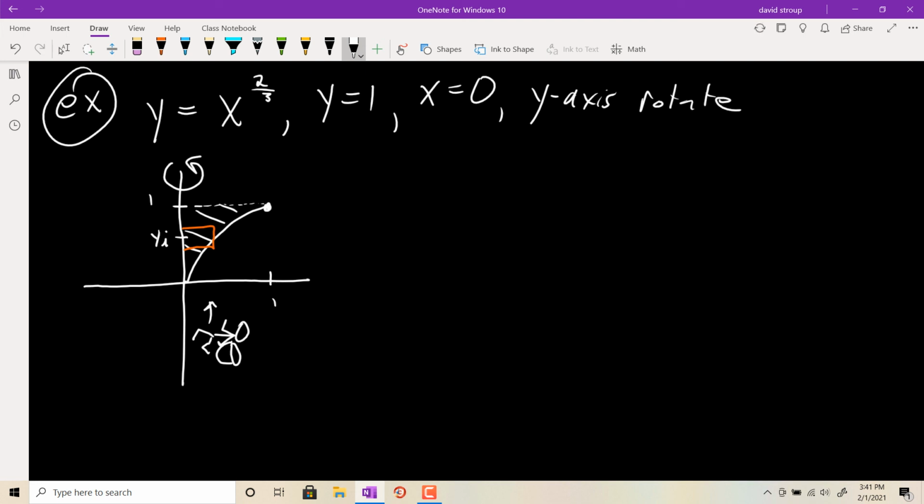In other words, we need a formula in terms of y for that curve, and the width is change in y. So our formula for the volumes, in this case, I need some g of y sub i squared, and of course I need a pi, and then I need my change in y. And that little red rectangle will represent one little disk in my accumulation of disks.